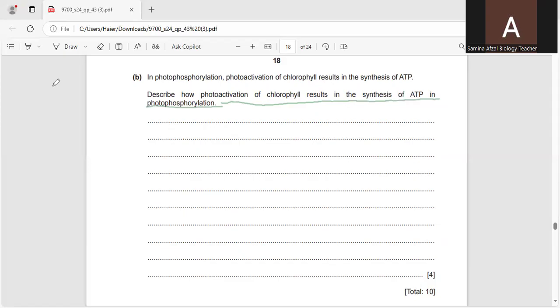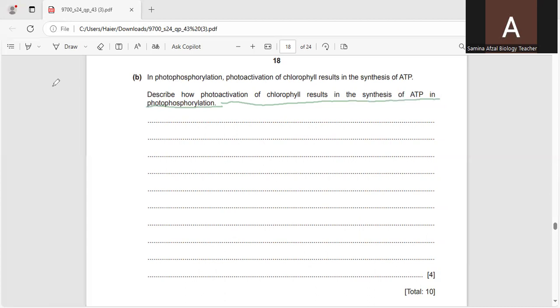So how it takes place, that is the chlorophyll molecules within the photosystems 1 and 2 absorb light. So during the process of photosynthesis, the first step is the absorption of sunlight. So at this moment, there is the absorption of sunlight by the photosystem 1 and 2.